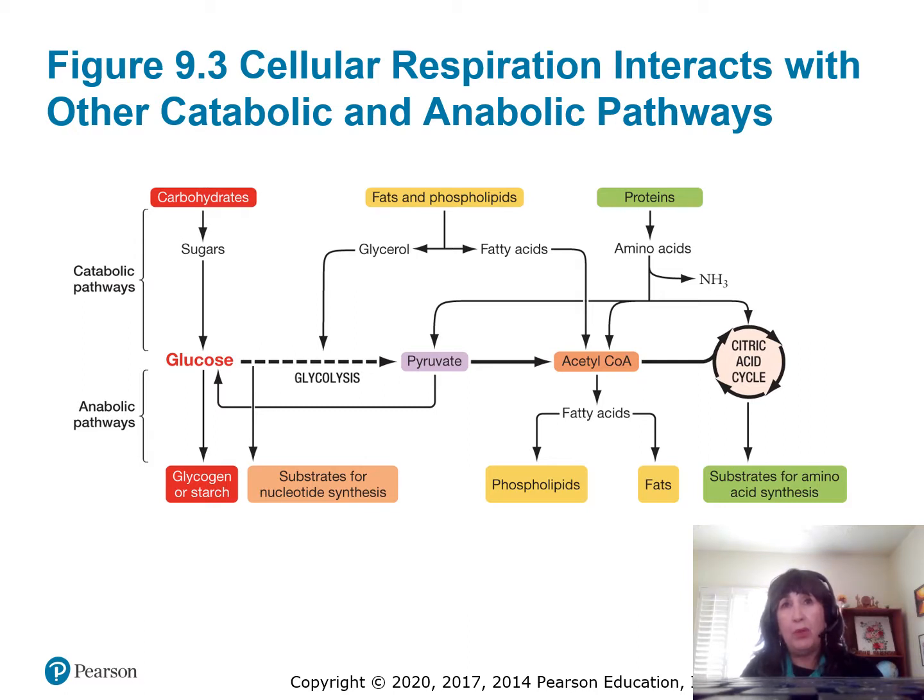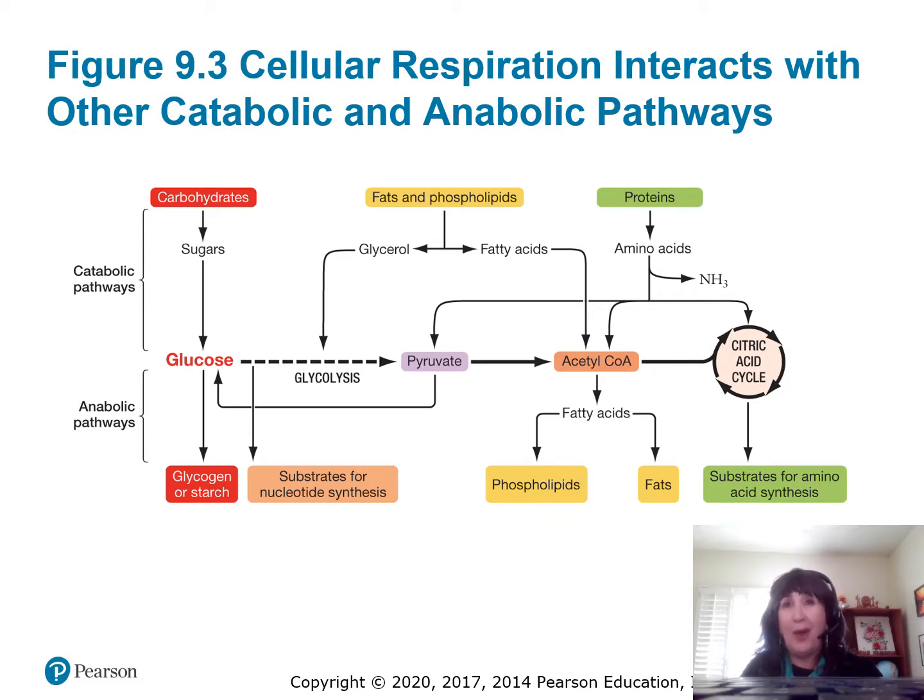Now, if you look below, you'll see anabolic pathways. Remember, anabolic are building pathways. So here you see that we have substrates for nucleotides, substrates to build phospholipids and fats. So here are the intermediates that can be used for other reactions in the cell.